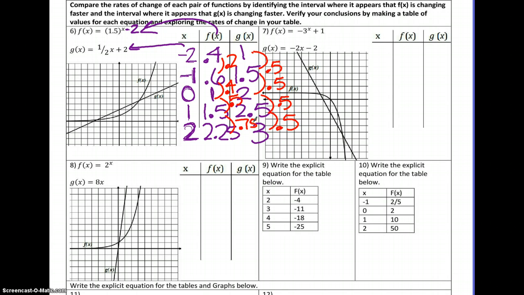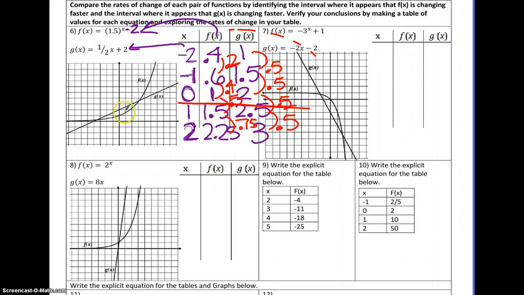So if you look at the numbers in red, and I know it's hard to see, there's not a lot of room, notice here is when they're exactly equal, the rate of change is equal. And if you're below the number 1, then notice that g of x is bigger.